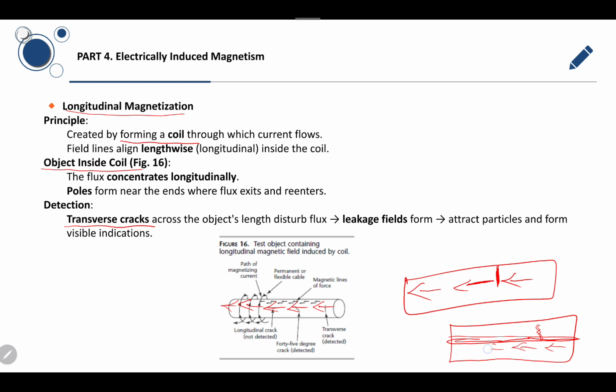Here our field is a longitudinal field, so the crack is perpendicular to the longitudinal field. Transverse cracks will disturb the flux. This disruption leads to the formation of a leakage field, which then attracts magnetic particles and forms a visible indication.